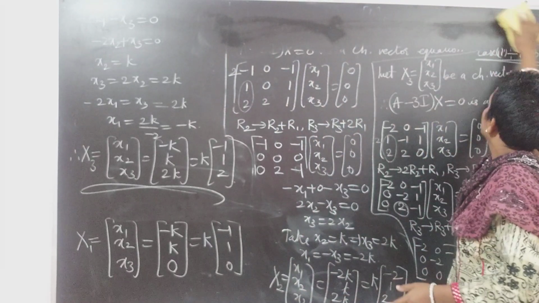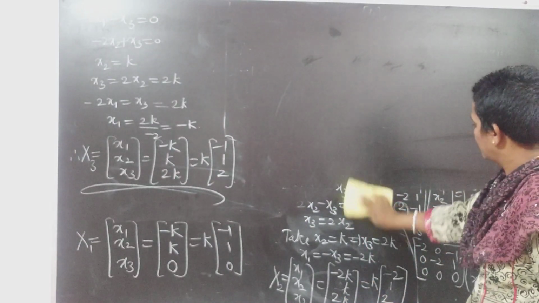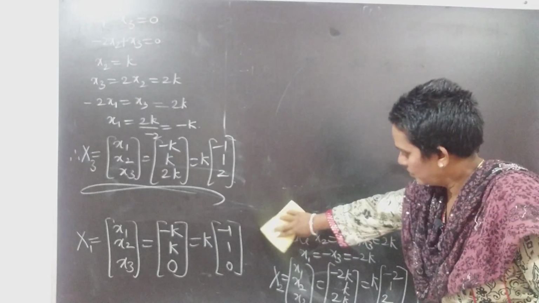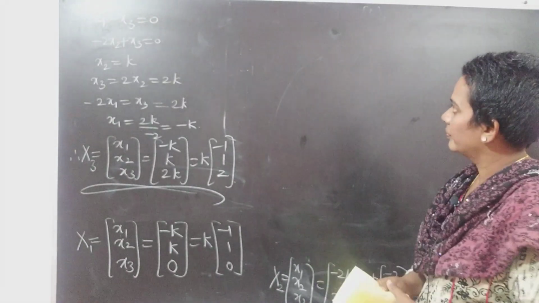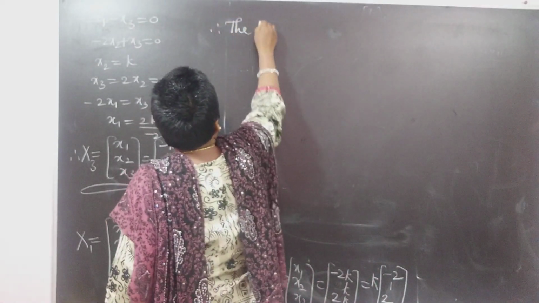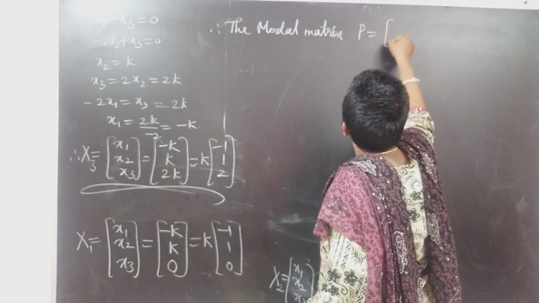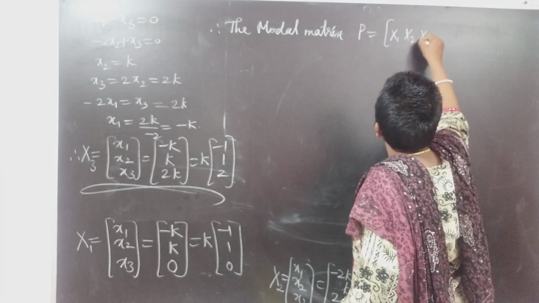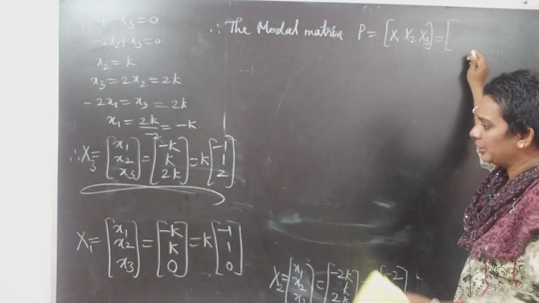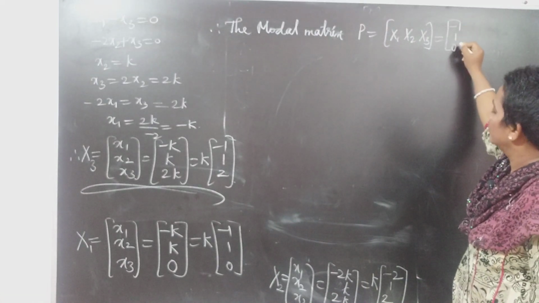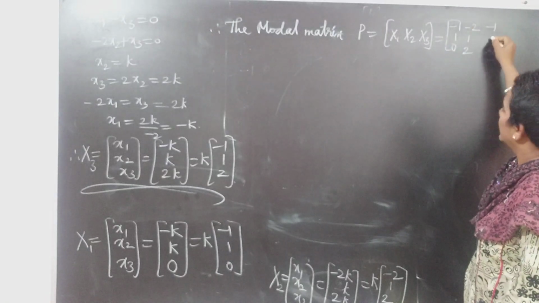Now we can write the modal matrix. Therefore, the modal matrix P equal to x1, x2, x3, that is x1 is minus 1, 1, 0, x2 is minus 2, 1, 2, x3 equal to minus 1, 1, 2.